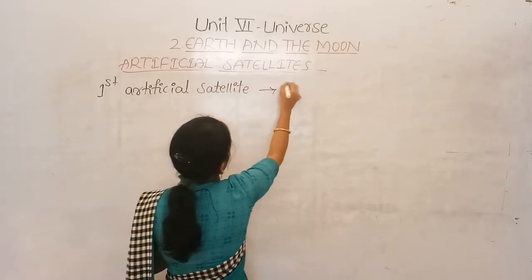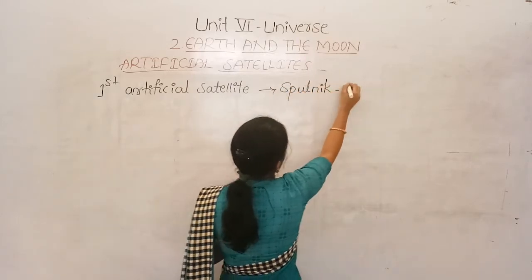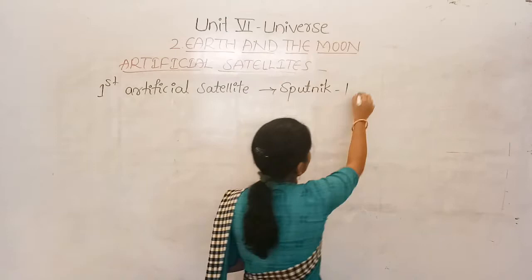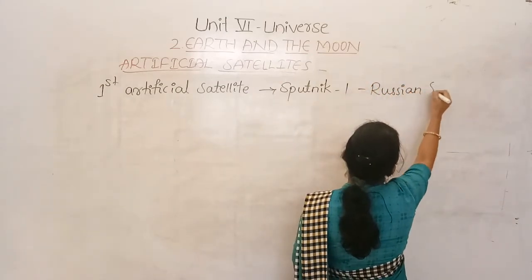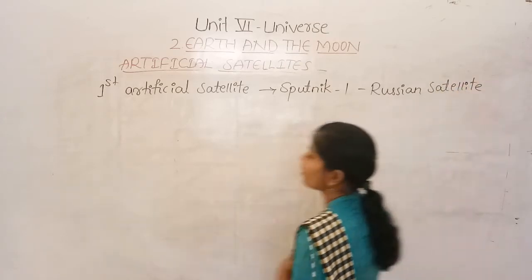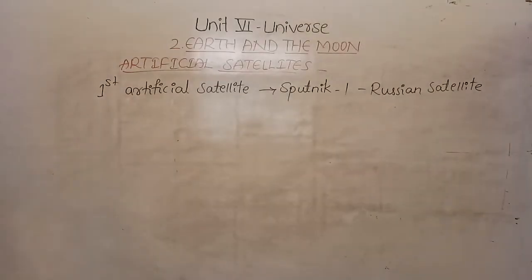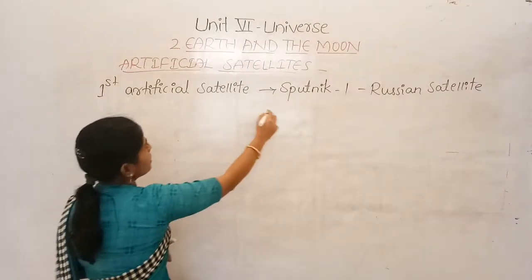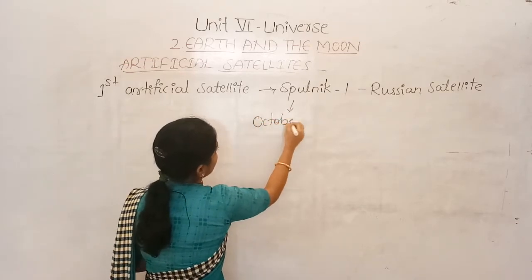It is Sputnik 1, and this is the Russian satellite. It was launched in October 1957.